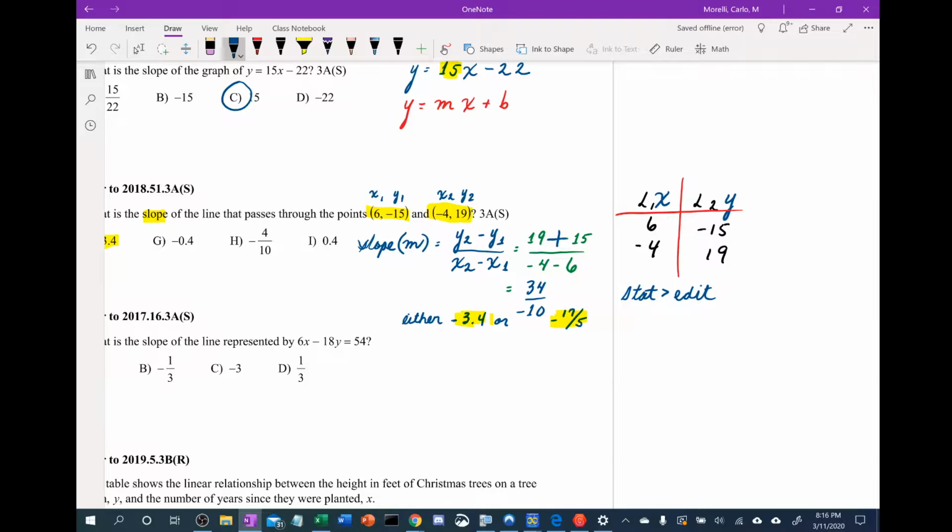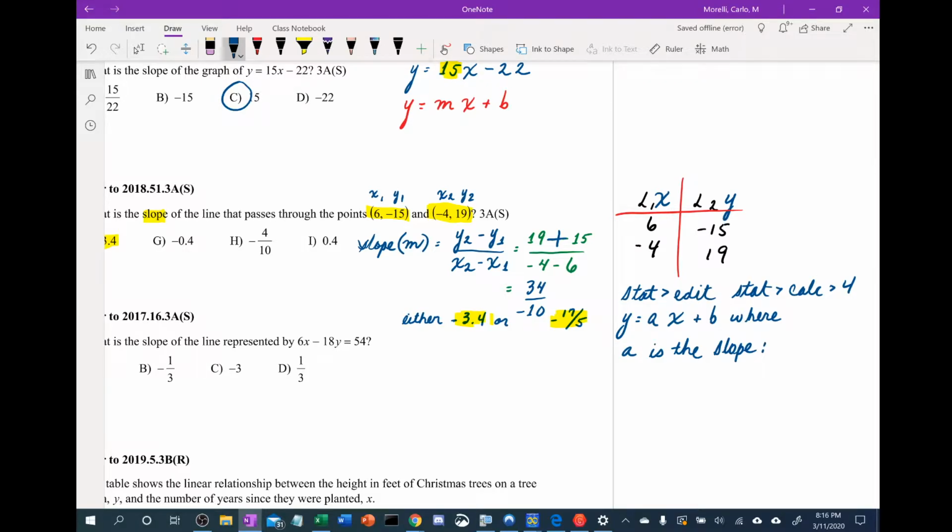Type the information in and then hit stat calc 4, and then you hit enter 5 times. It's going to give you the answer in the form y equals ax plus b, where a is the slope.